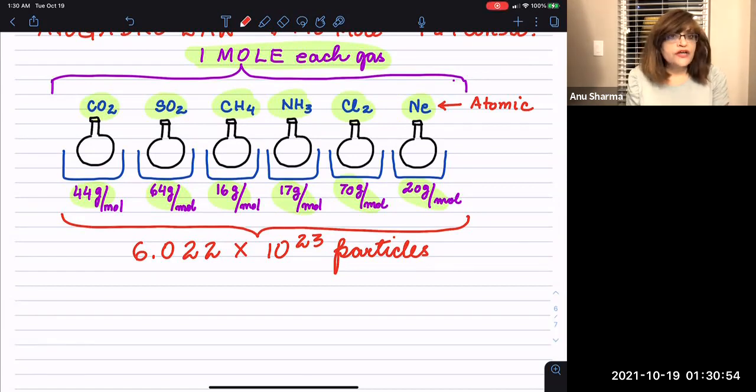We know their exact number of particles we are dealing with, but what is the volume? If you take these same gases in a 250 ml flask, they are going to occupy 250 milliliters of the volume of that flask. If you put them in a 100 ml flask, it will take the volume of a 100 ml flask.